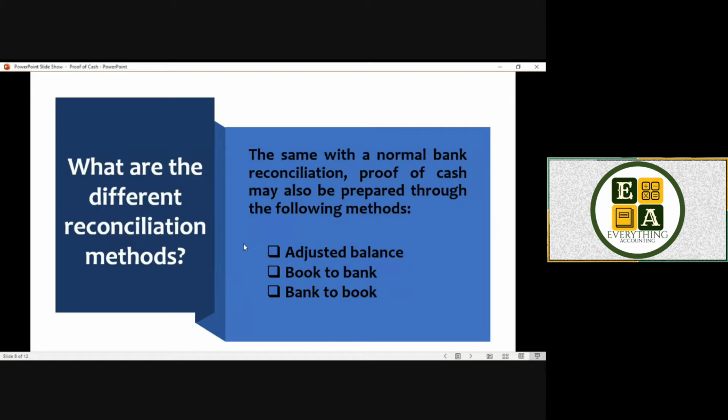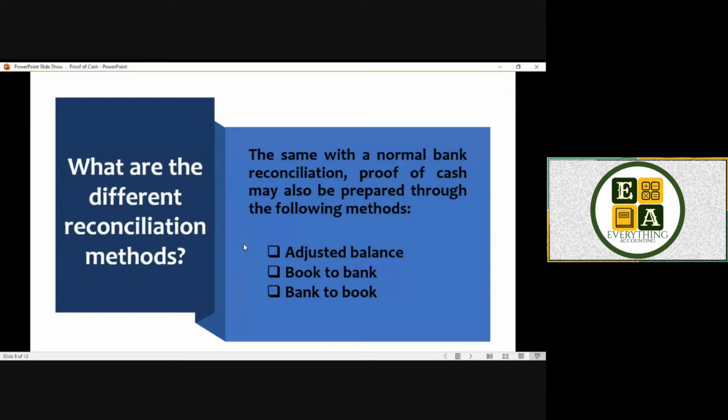Among the reconciling items, only the book items will have adjusting entries. Among the methods, the adjusted balance method is more common for discussion and working paper purposes, and as with a normal reconciliation, you need only master the adjusted balance method.